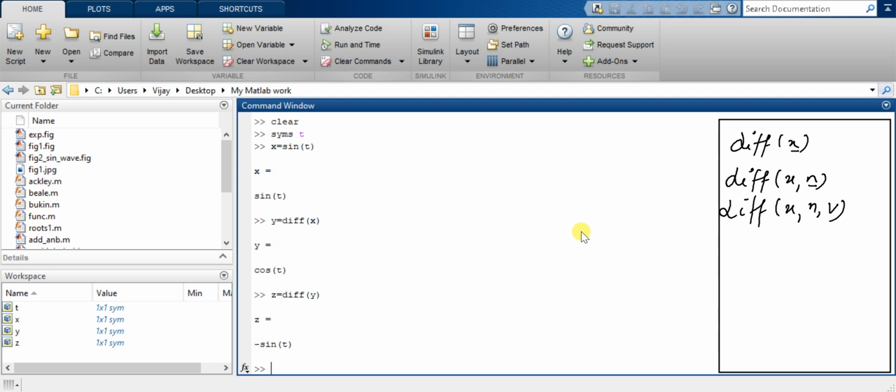Now let's take one example. First I will wipe out this command window and clear all the variables. Now let's define syms, two symbolic variables, that is t and w.